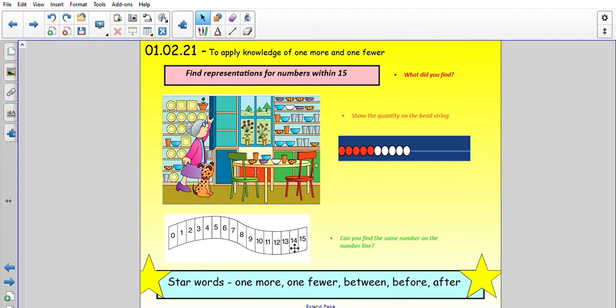So when we had 2 chairs, we showed it by counting 1, 2 beads, and then we could show it again by finding number 2 on our number line.